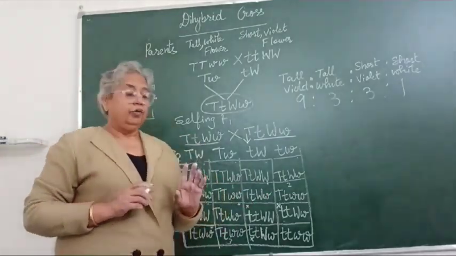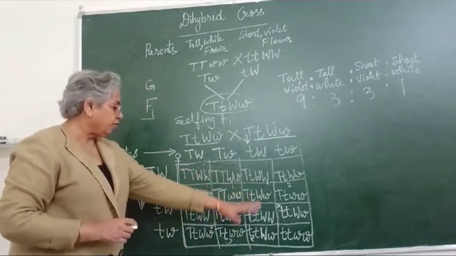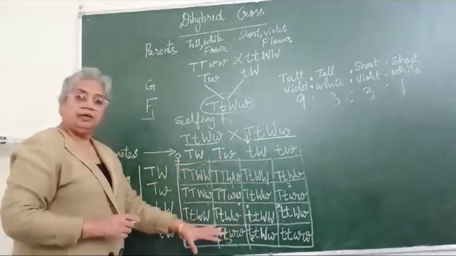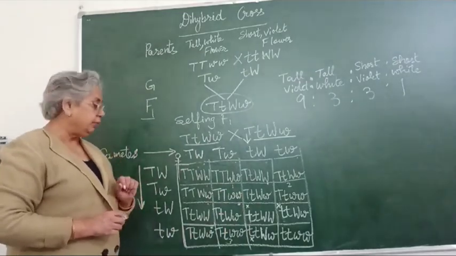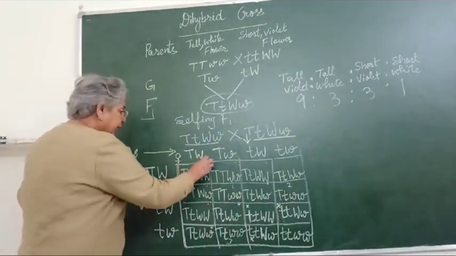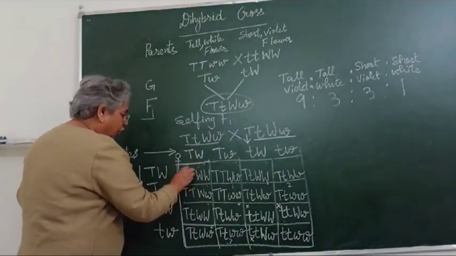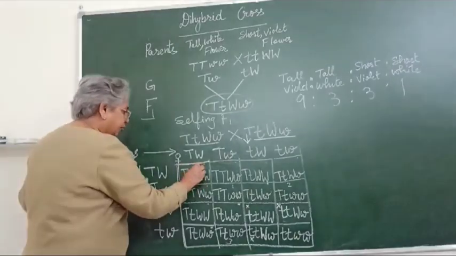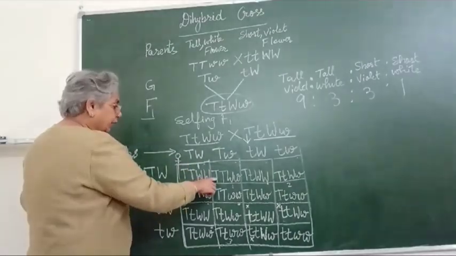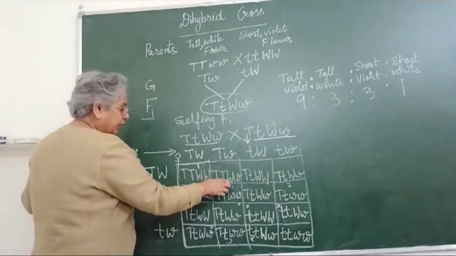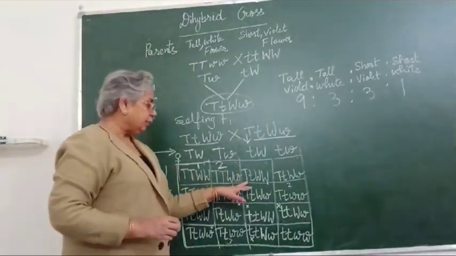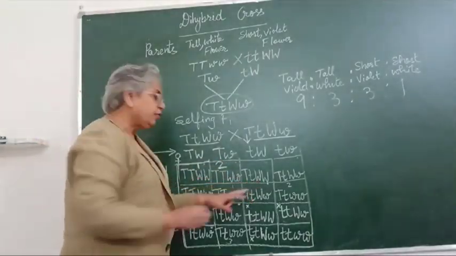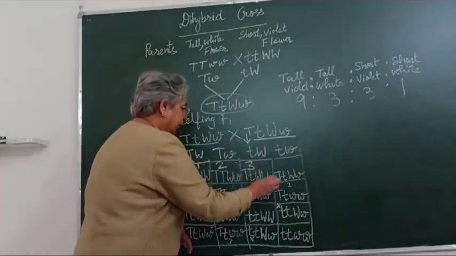Okay. Now, when we draw this combination obtained in the progeny, if you count with me, now see, this will be tall as well as violet. So I number it 1. Now here again tall and capital W is there, so tall and violet. Here capital T is there, capital W is there, tall and violet.